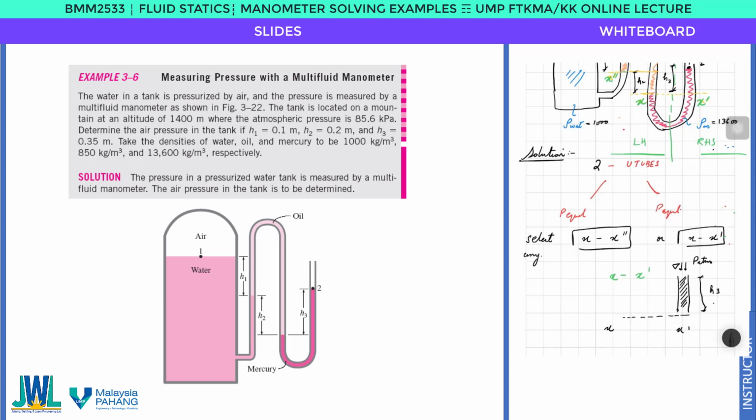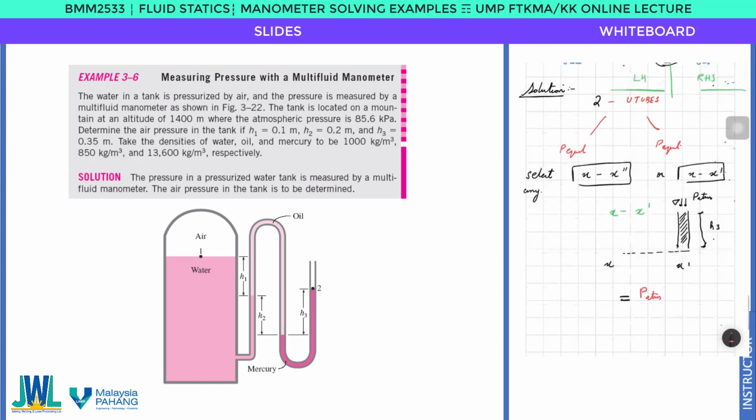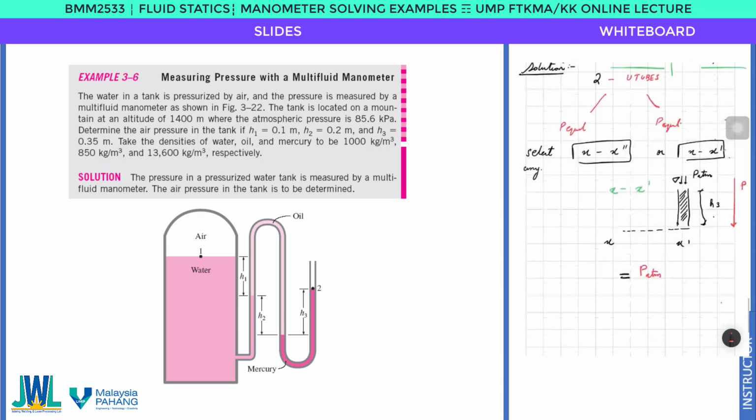So my right hand side is equal to P atmospheric, and I'm going downwards, so P atmospheric plus density of mercury into gravity into H3. So right hand side is settled already.